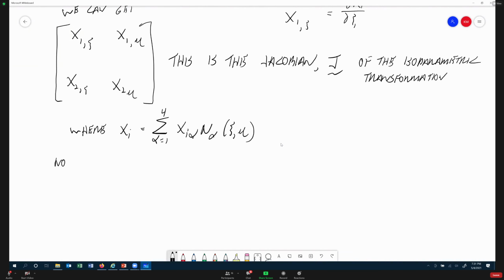And note that the partial of c with respect to c is equal to 1, which is equal to c comma 1 times x1 comma c plus c comma 2 x2 comma c.